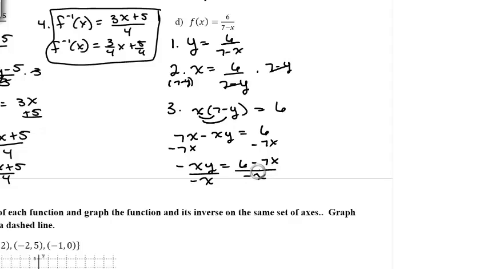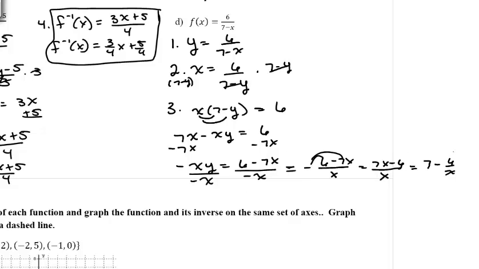So, and I'm fine with you just leaving it like this. You could do some things to simplify this a little bit. You could write this with a negative sign out front. Or you could distribute this negative sign into the numerator here, and that would give you a positive 7x minus 6 over x. You could also divide each term by x, giving you 7 minus 6 over x.